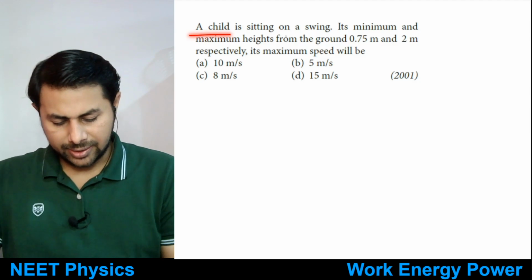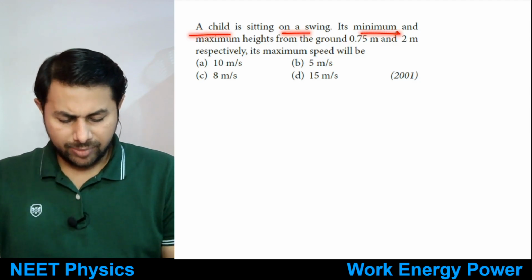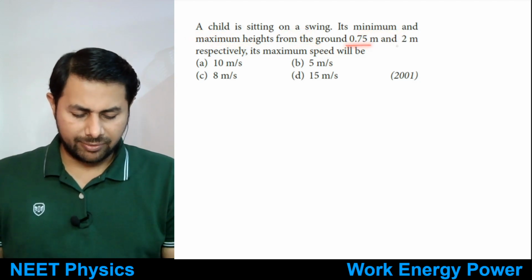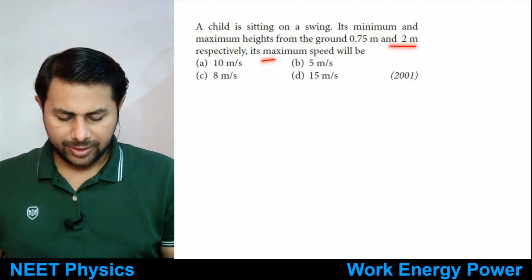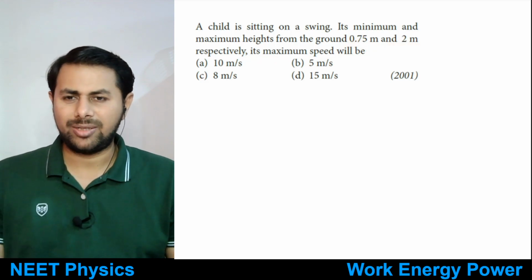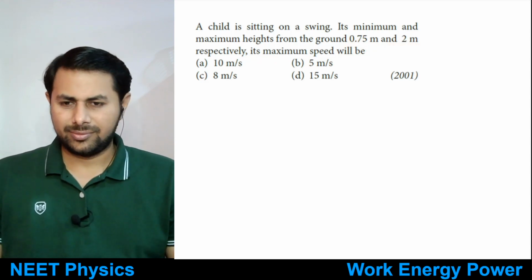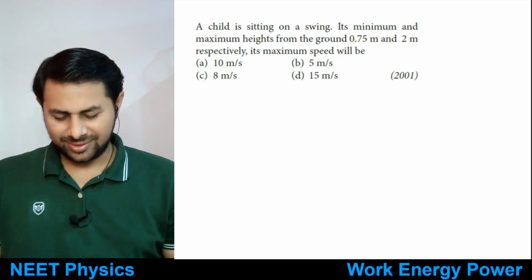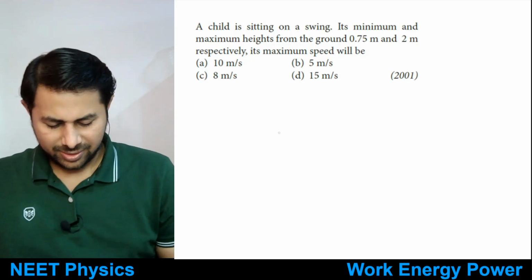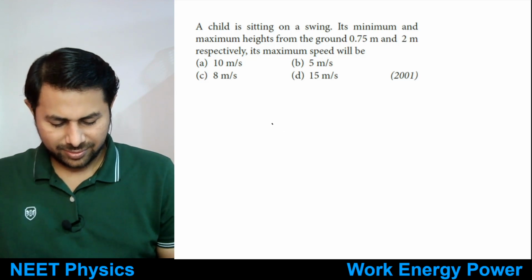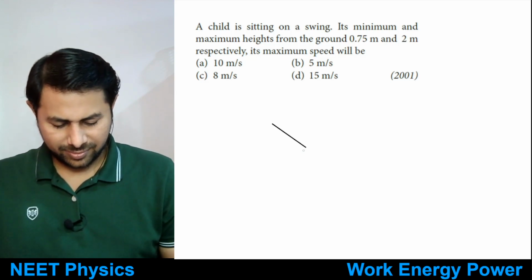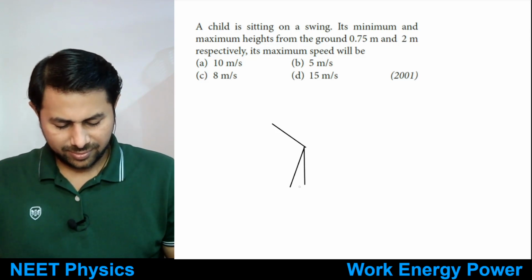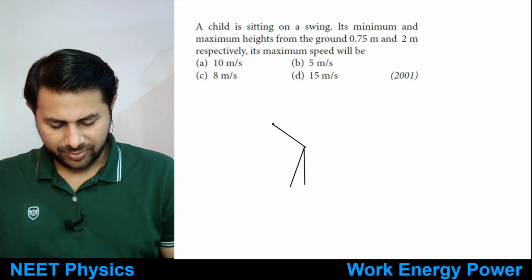A child is sitting on a swing. Its minimum and maximum heights from the ground are 0.75 meter and 2 meter respectively. Its maximum speed will be, tell me. The child is swinging on a swing like this.